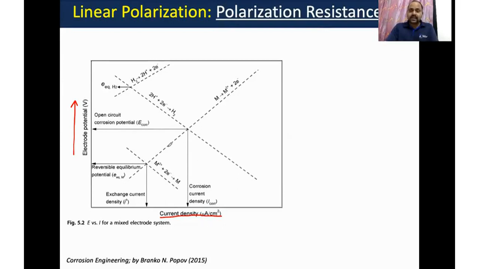Similarly, if you look at this line, the metal anodic line, there will be a minimum current at which we can observe the oxidation reaction. This is basically the minimum current at which we are able to see this type of change, and this is known as the reversible equilibrium potential.